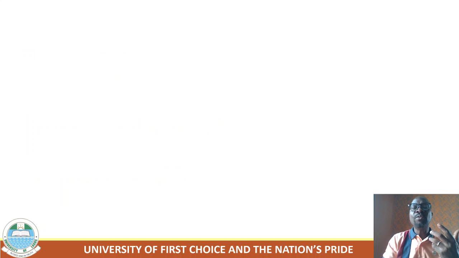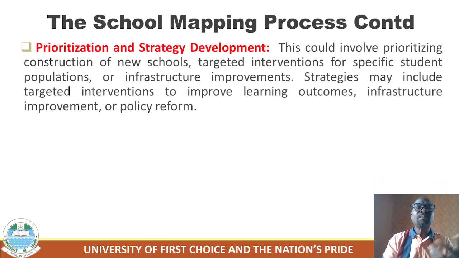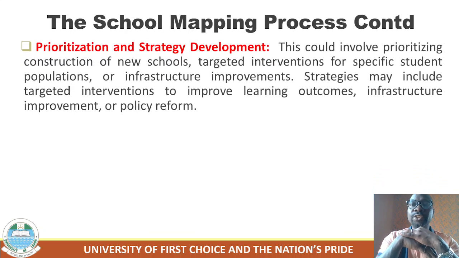So from there, we move on to the next stage. That is where we prioritize what we want to do. Because after the engagement with the stakeholders, you gather your information.